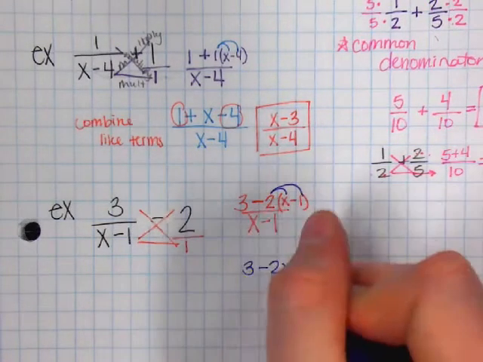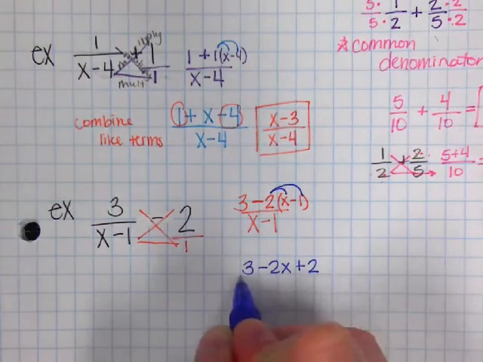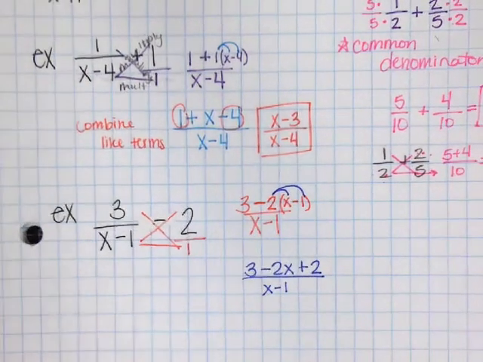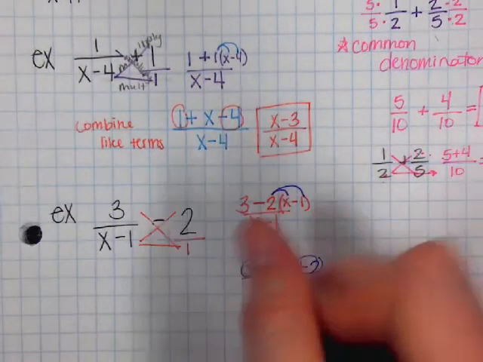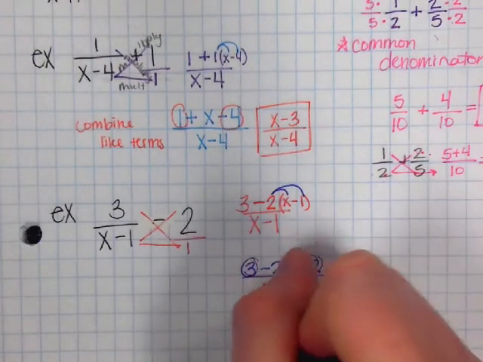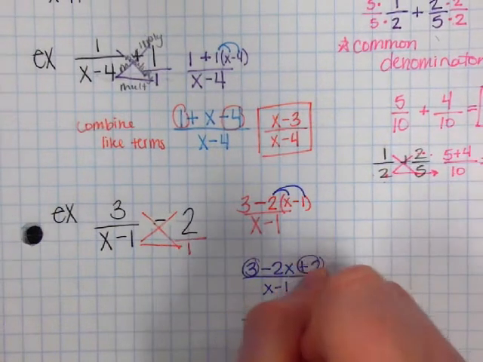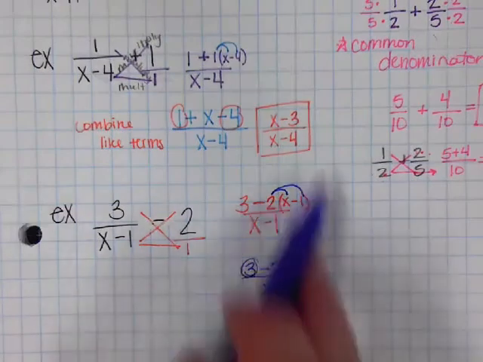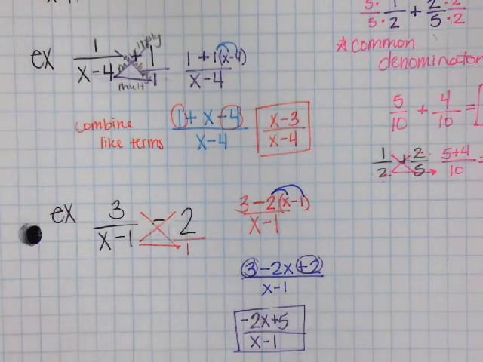And then we have 3 at the front. So 3 minus 2x plus 2 over x minus 1. Combine like terms. 3 plus 2 is 5. So your final answer would be negative 2x plus 5 divided by x minus 1. This is quotient form, and this was the transformation.